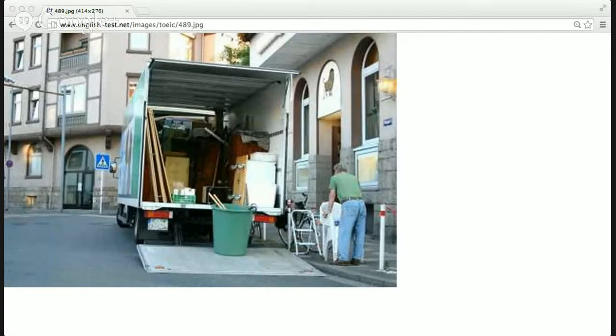He's putting several chairs inside the car. I don't know. Oh, he's in a neighborhood. And there is a cycle. A what?